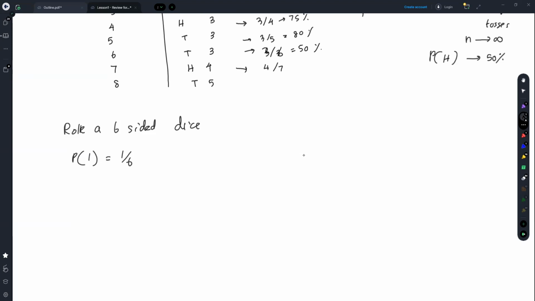Then only will you see the probability of getting 1 reach 1 over 6, when n goes to infinity. The number of ones out of the total number of rolls will converge to the value 1 over 6. So that is how you got the probability 1 over 6. Okay.